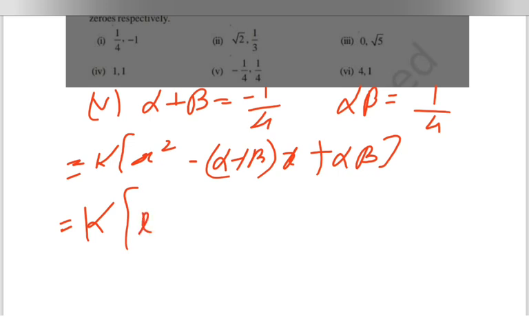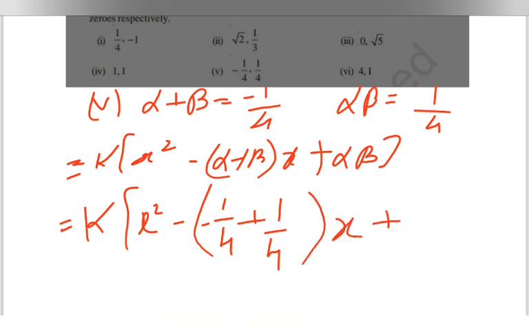So x square minus alpha plus beta. So first we have to add it. Okay, 1 minus 1 by 4 plus 1 by 4 x plus alpha beta is minus 1 by 4 into 1 by 4. Sorry, I made a mistake.